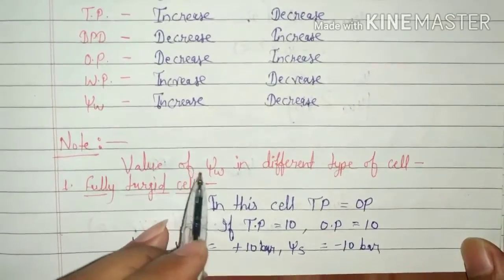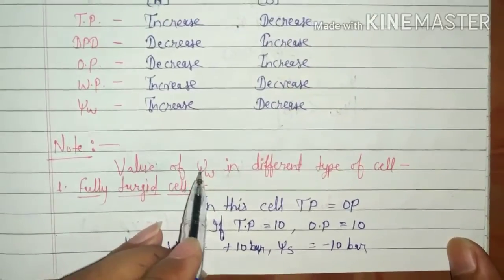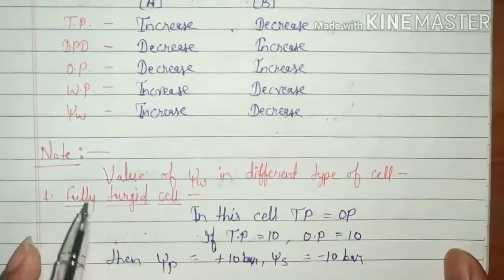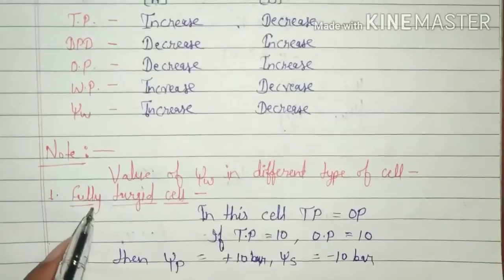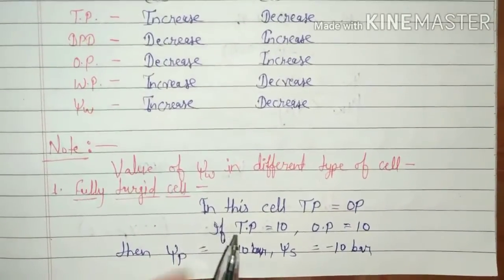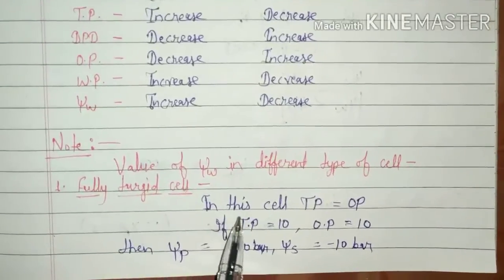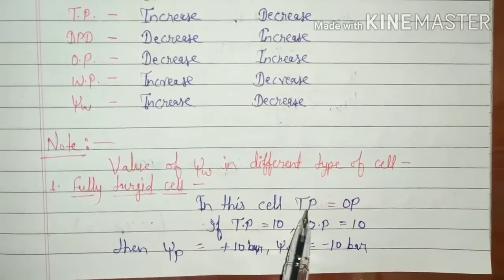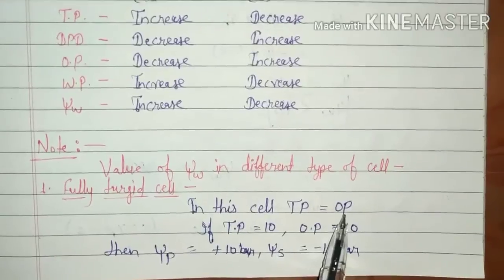Next, the value of psi W, or water potential, in different types of cell. First case, in a fully turgid cell. In a fully turgid cell, turgor pressure is equal to osmotic pressure.